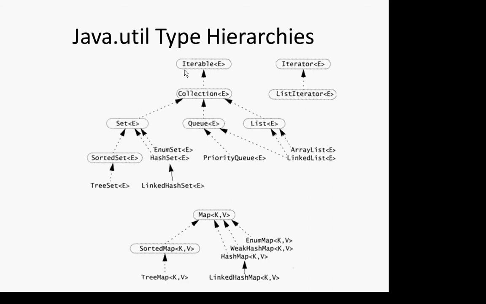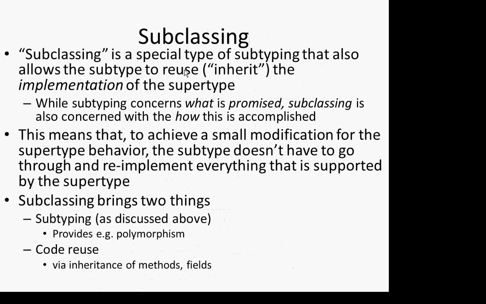Ladies and gentlemen, how is subclassing different from the subtyping that we have here? So I've been talking about subtyping, which is all about the promises. What is subclassing? How does that differ? So if I say A is a subtype, is a subclass of B, how is that different?